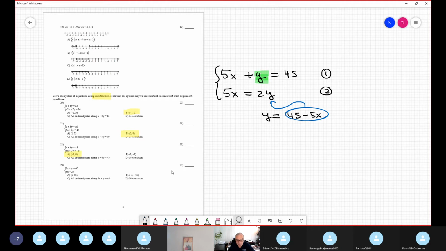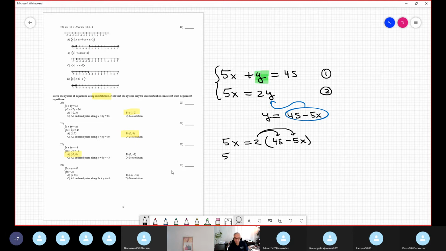So we have 5x is equal to 2 times (45 minus 5x). The parentheses are important, because this is not one term but a binomial, two terms. So these two multiply everything. What is the correct way to indicate that? Using parentheses.